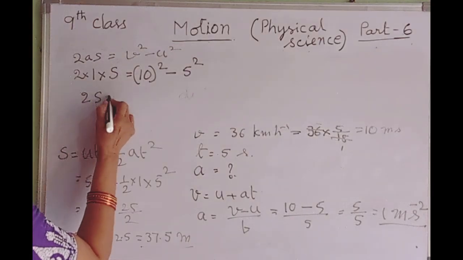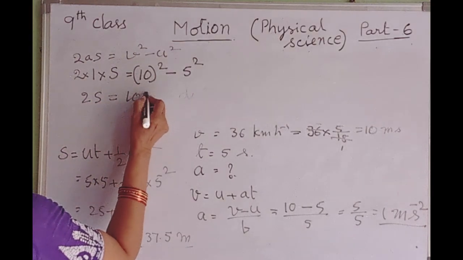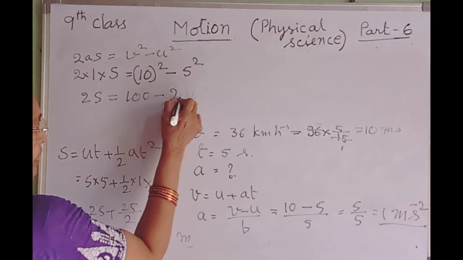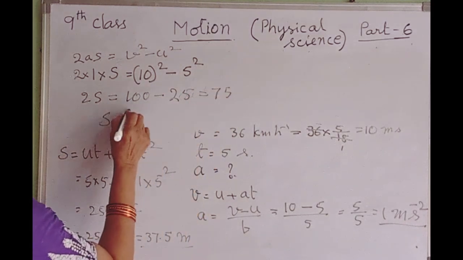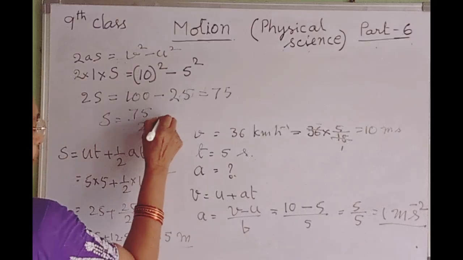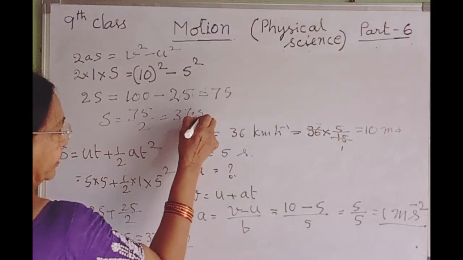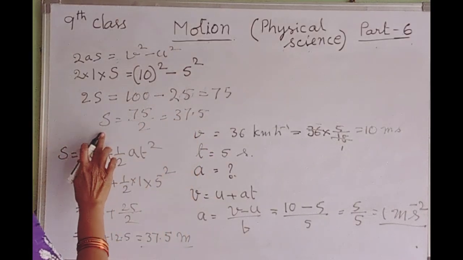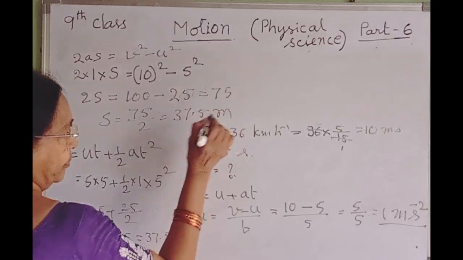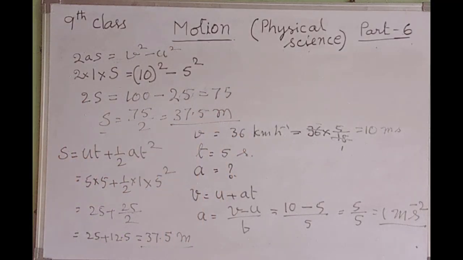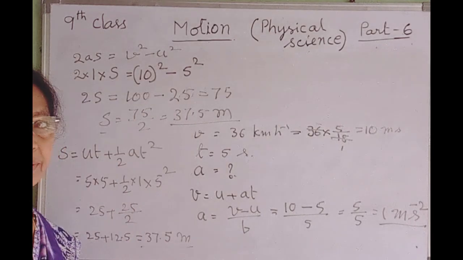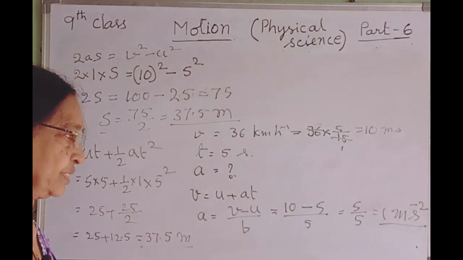So 2s is equal to 10 square 100 minus 5 square 25 is equal to 75. Or s is equal to 75 by 2, which is equal to 37.5, and the unit for s in SI system is meters. Therefore distance travelled is equal to 37.5 meters. So we got the same answer. So in this case we can use either of the equations.